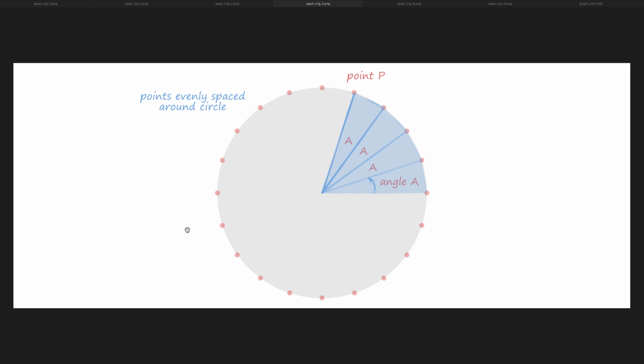So what I've done here is I've drawn extra things on this circle to make it look like I've taken slices out of a cake. So I've got a dot here, and then I've got a slice of a cake, and the next dot, and a slice of a cake, and the next dot.